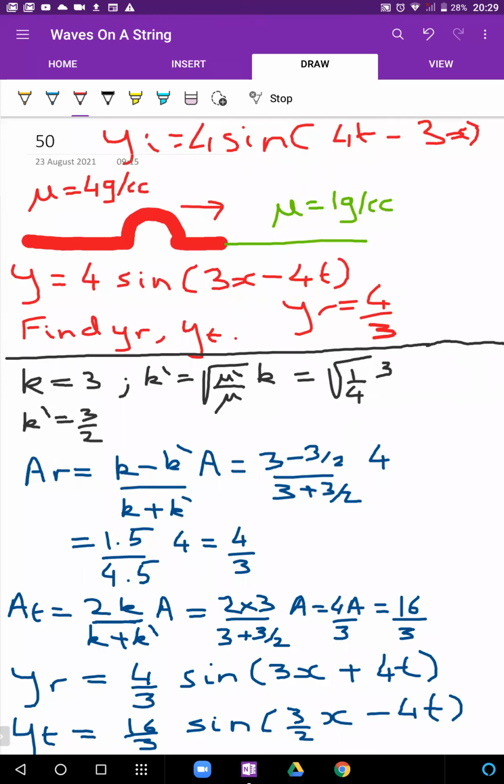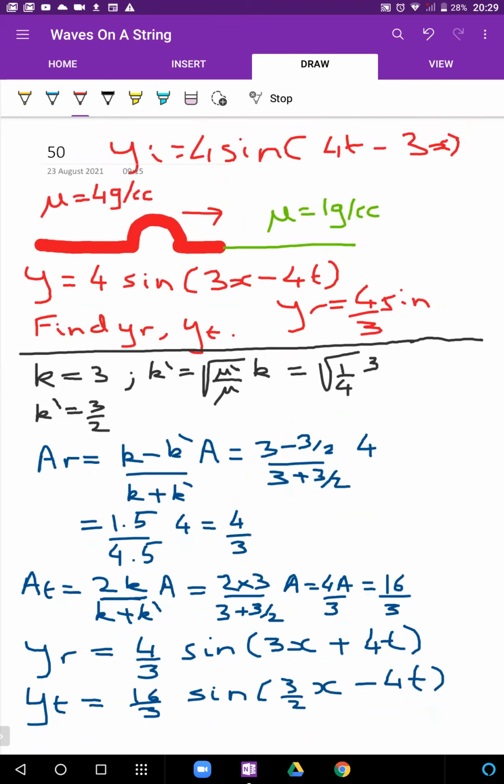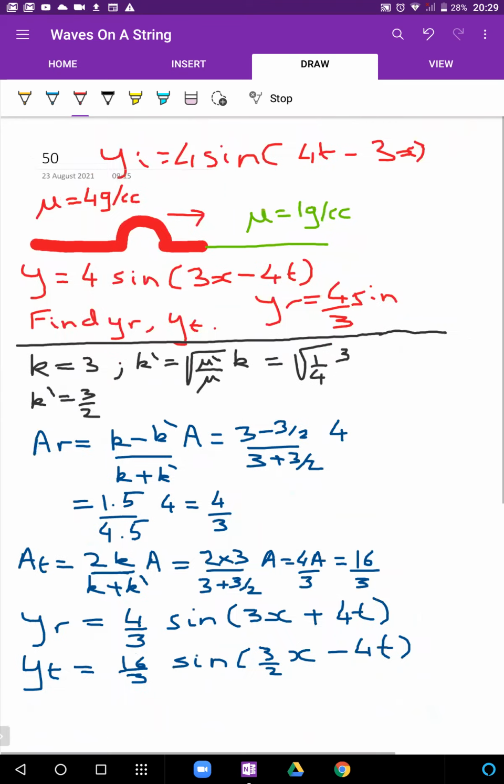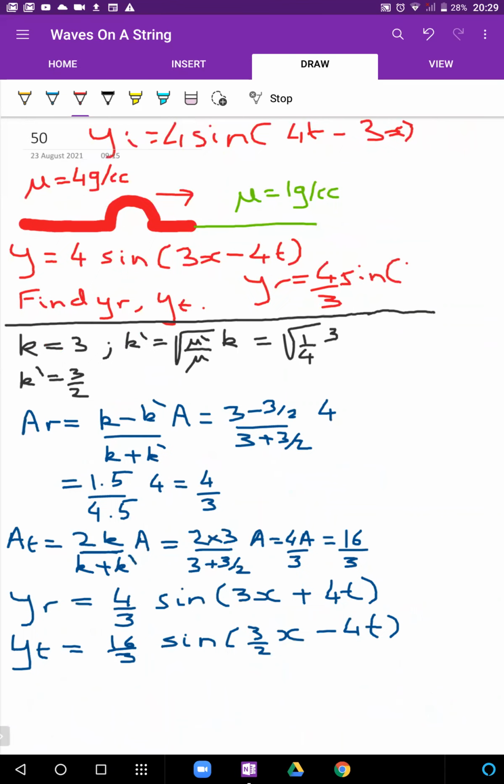So again, it's just the repetition of what I stressed earlier today as well. Do not change the sign of k. In other words, don't change the sign of whatever's in front of x. Don't write this as 4t plus 3x. Change the sign of what's in front of t. Change the sign of omega.